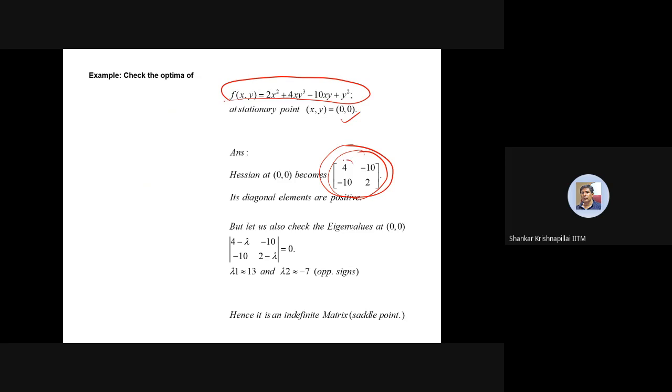You can see that the diagonal elements are both positive and you will think that it is not a saddle point. But if you take the eigenvalues, you find that one eigenvalue is 13 and another eigenvalue is minus 7. So they are of opposite signs. Hence it is a saddle point.